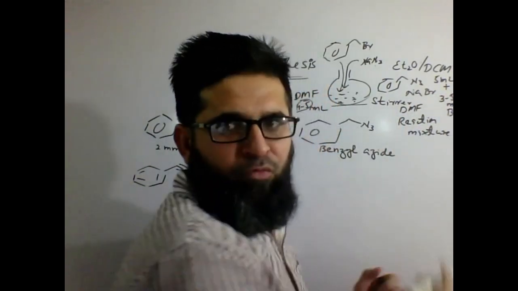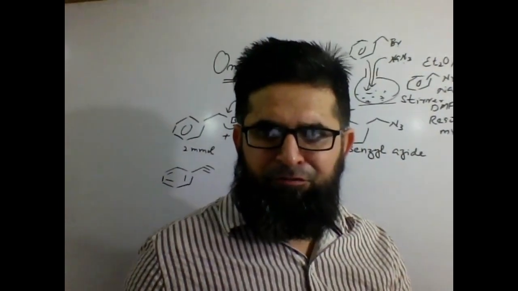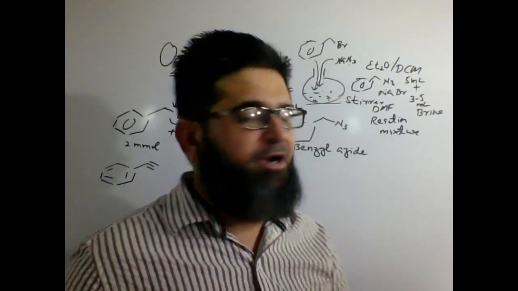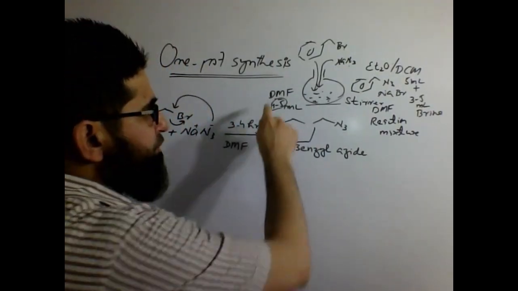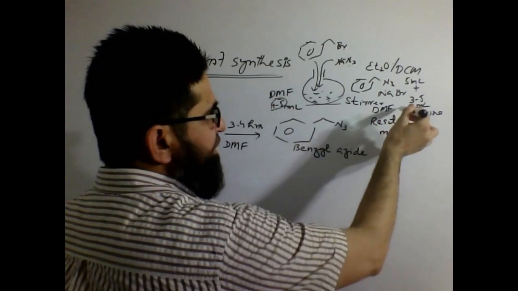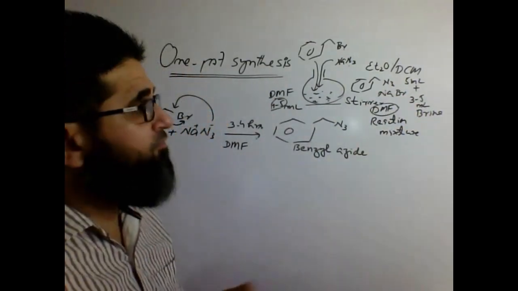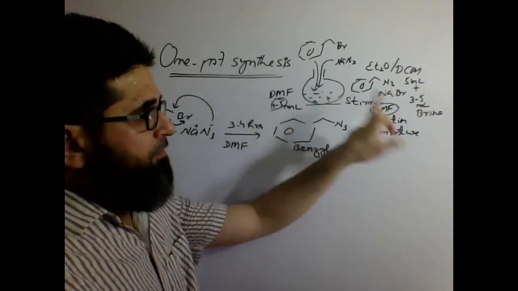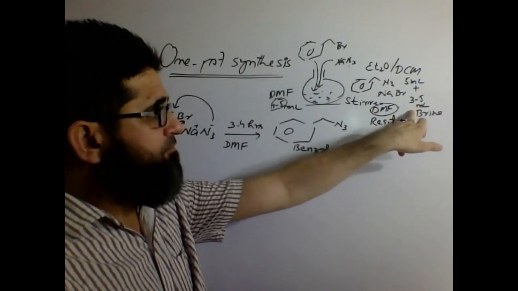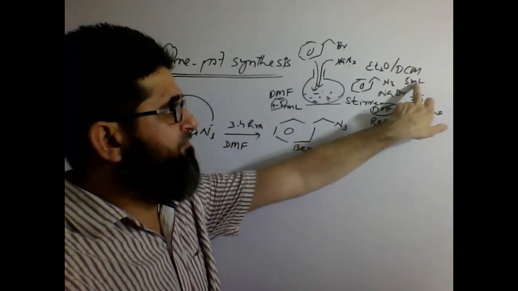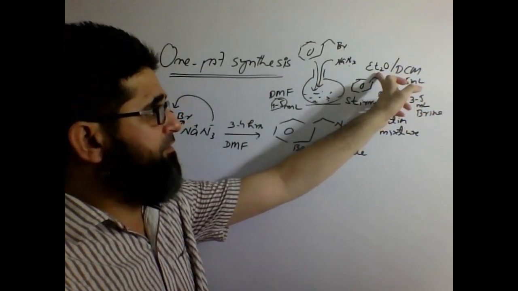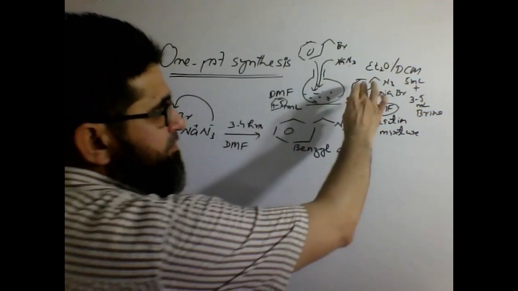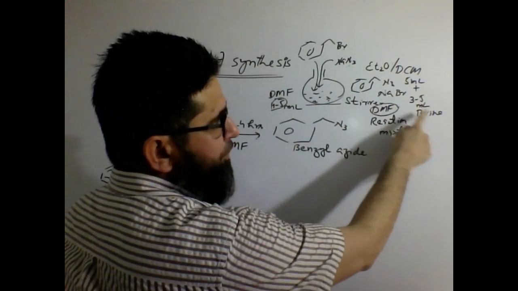Brine means water in which we have mixed a little bit of sodium chloride to make it a bit more polar, because we need to remove this DMF. We want to remove DMF along with the water. Then this product will be dissolved in dichloromethane, or if we are using diethyl ether, it will go into that, and the salt will go into the water.